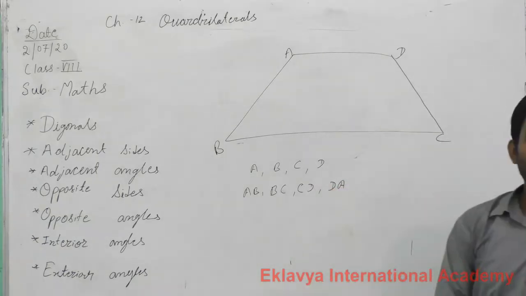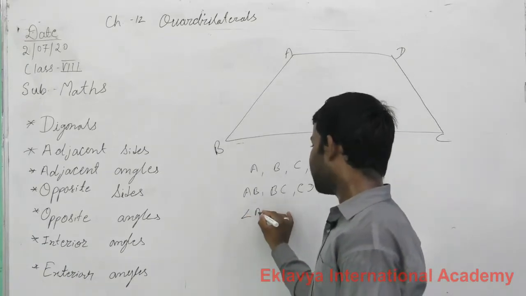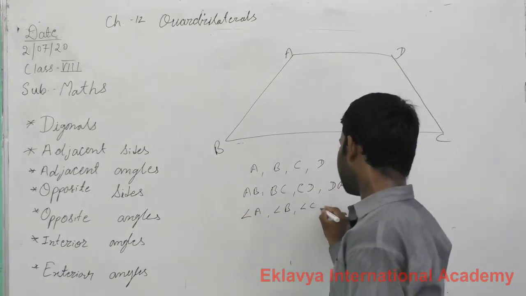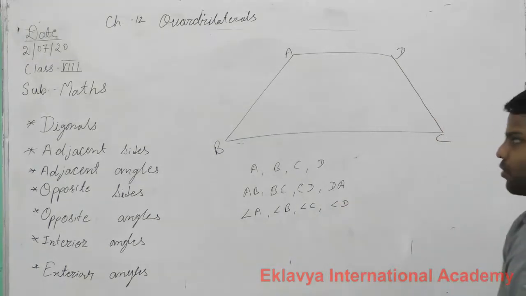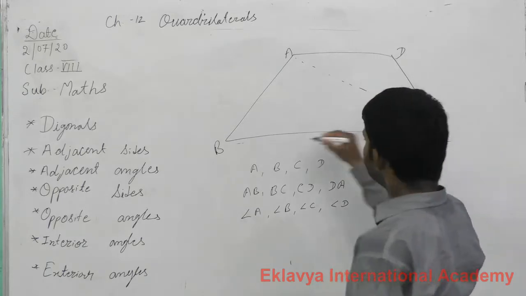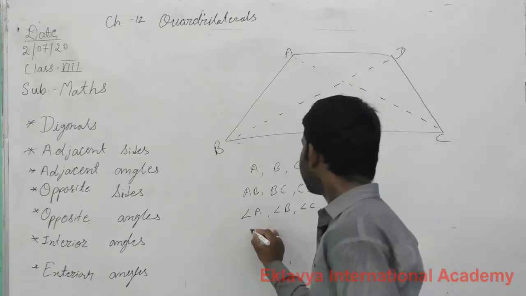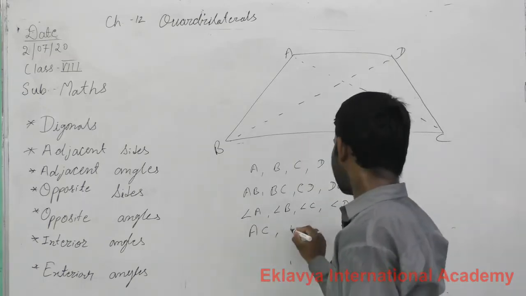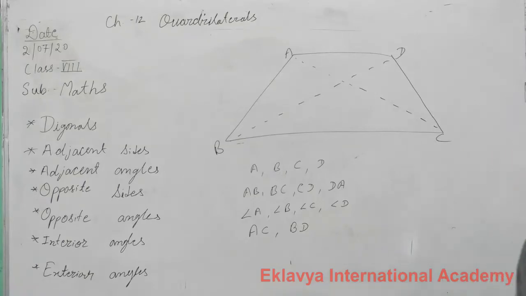Here we have four line segments and four angles also, angle A, angle B, angle C, angle D and two diagonals. Diagonals are, first one is AC, second one is BD. So we write first diagonal is AC, second diagonal is BD.